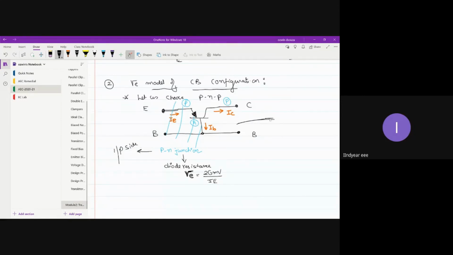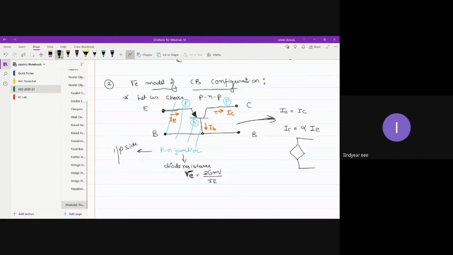Okay, that's the input side. On the output side, as usual, it's a current control device, so we are going to pay our attention towards the output current. Output current I0 is IC, and IC can be given as gain times the input current, that is alpha times IE. So on the output side, you can just draw a controlled current source.